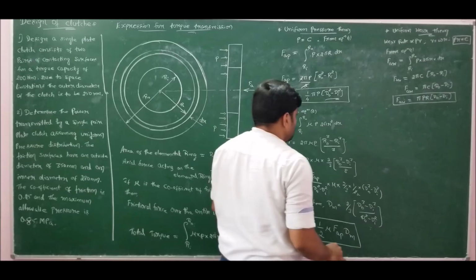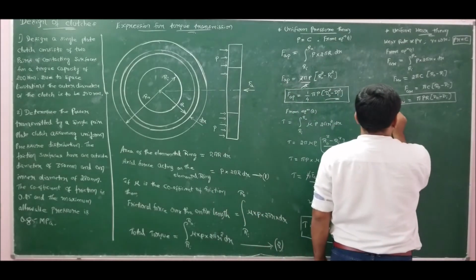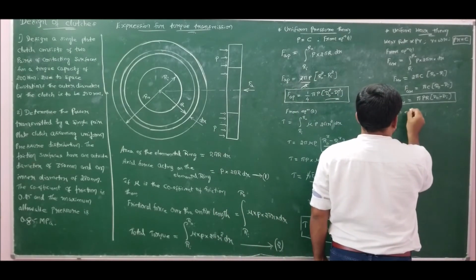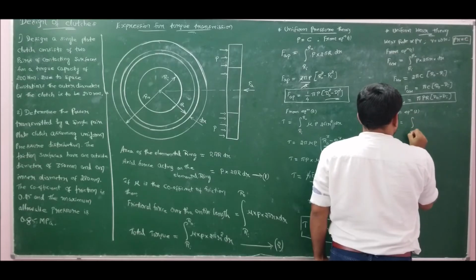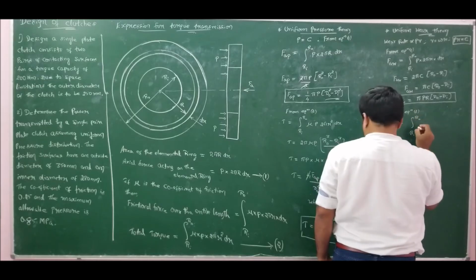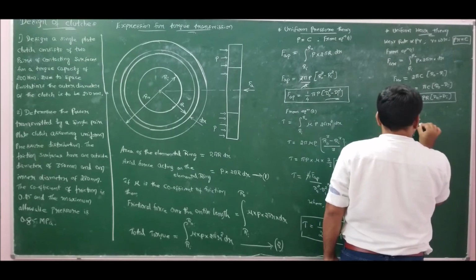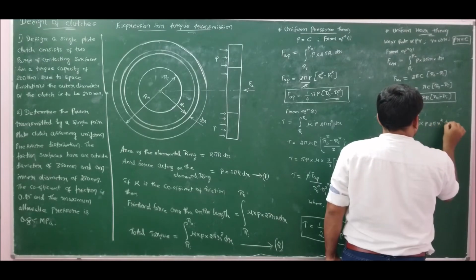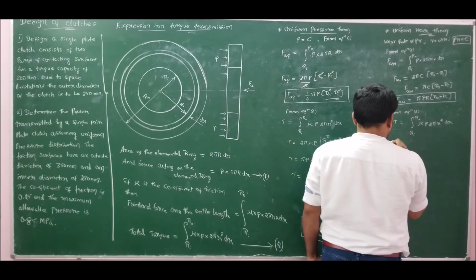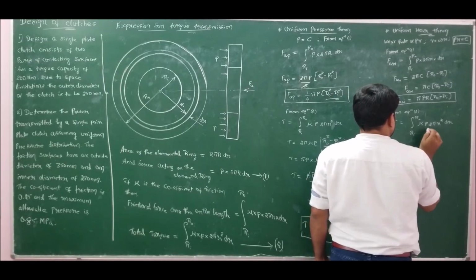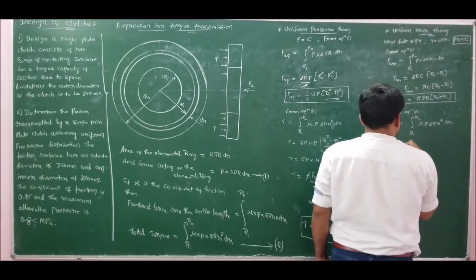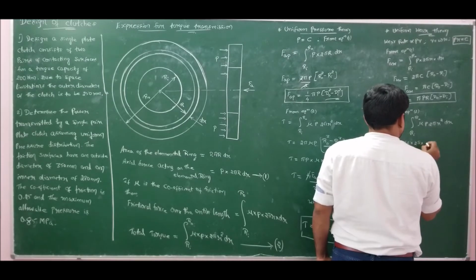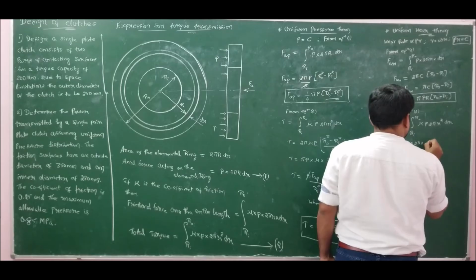Next, moving for total torque from equation 2. Total torque is given by integral from Ri to R0 mu p 2 pi r square dr. So therefore total torque will be equal to, pressure into radius is constant, so I can take it out: mu into 2 pi into constant.